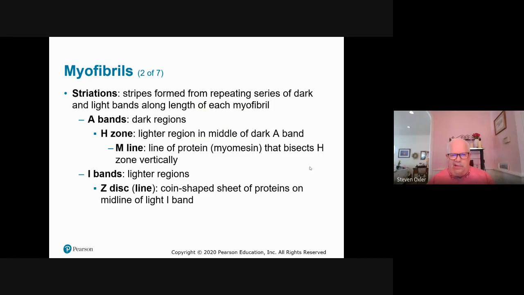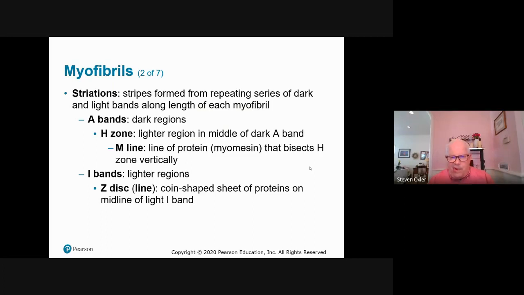Within the H zone, there is an M line. The M line really stands for a protein, myomesin, that actually bisects the H zone vertically. Okay, I'm not going to really focus on H zone and M line. I'm going to focus on A bands.